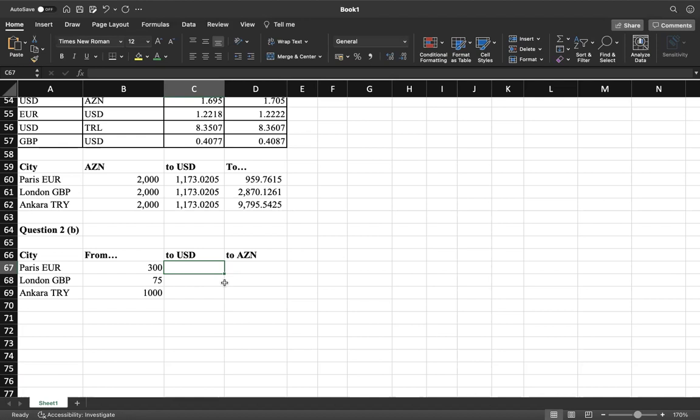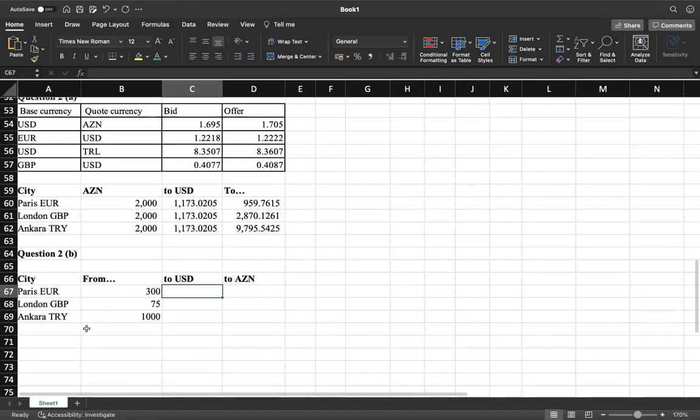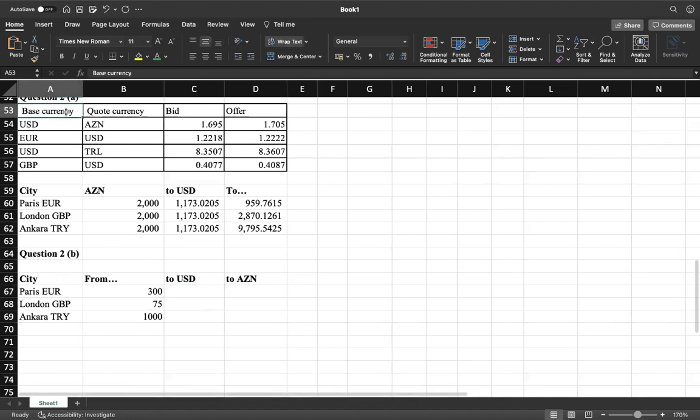If I want to buy USD or AZN or Euro, I should be attached to the one price of this currency. So I should be looking for a base currency USD and quote currency Euro. But I don't see any base currency USD and quote currency Euro here.